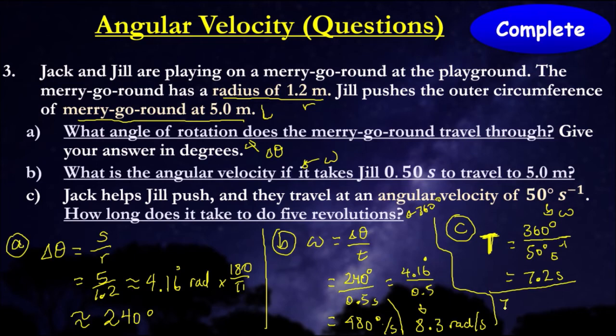The total time would be 7.2 times the 5 revolutions we have. So that gives us approximately 36.0 seconds. That's how long it will take to do the 5 rotations based on our angular velocity. So that concludes this question here.